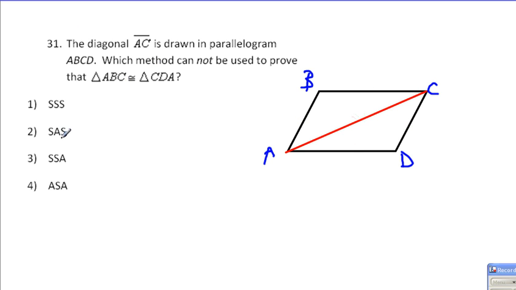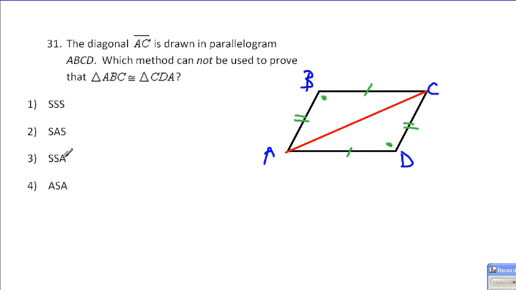Next, can we have SAS? SAS means the angle has to be between the sides. That means we could have this angle, opposite angles are congruent, where we have opposite sides being equal to each other. As in, we have two triangles congruent to each other through SAS.